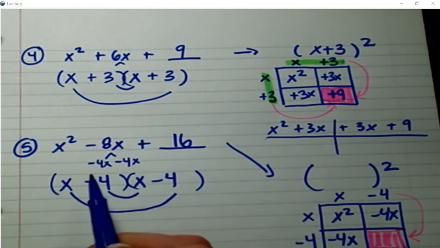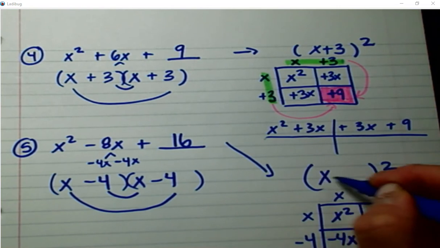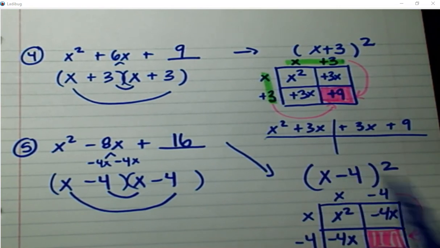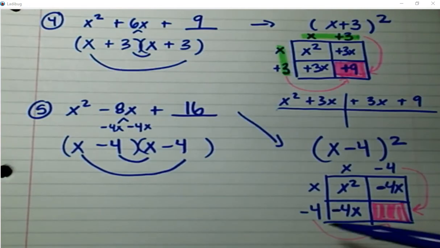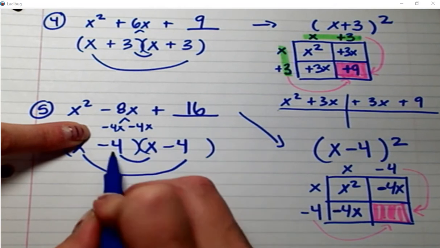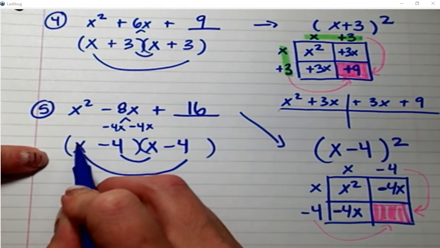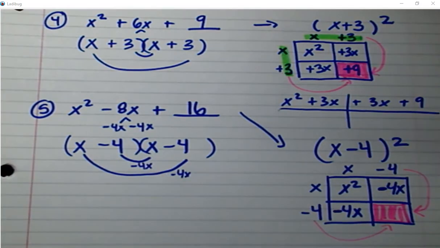My outer and my inner, the same number. Yes. How do you know to put the -4 above? When there's a negative on the top row or the left column in front, you always take the negative with it. Now also notice here that minus 8x has to combine, so you're going to get a negative 4x from the outer and a minus 4x from the inner. So you've got to have a negative there.